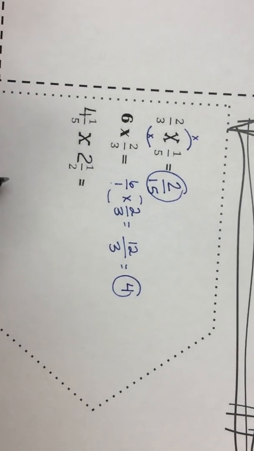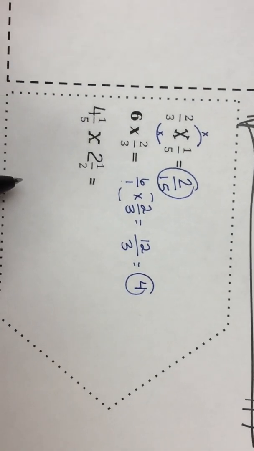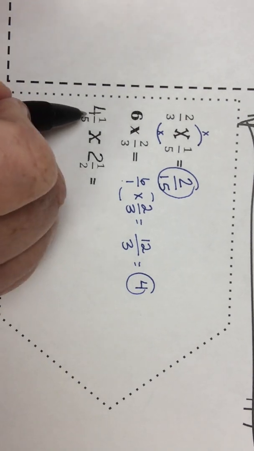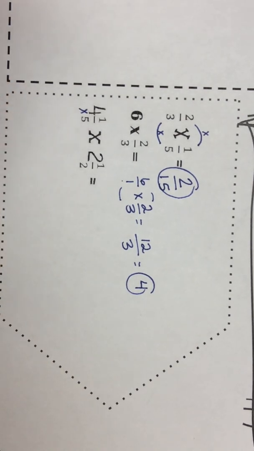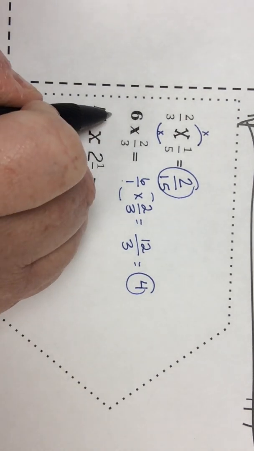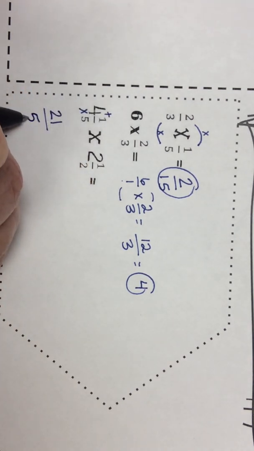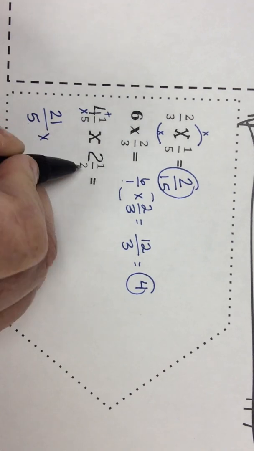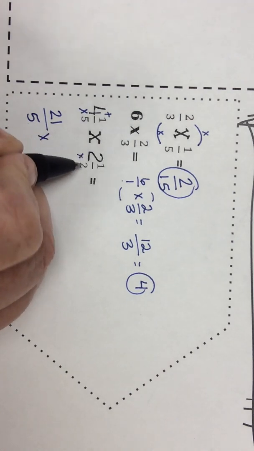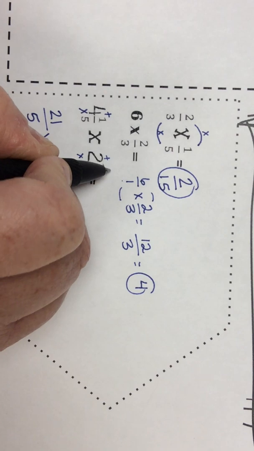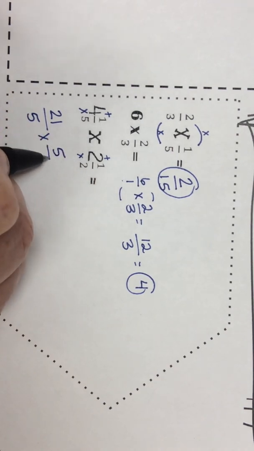Uh-oh, both of these are mixed numbers. What do we do? Make them improper. So 5 times 4 is 20, plus 1 is 21, and my denominator stays the same. Okay, 2 times 2 is 4, plus 1 is 5 over 2.